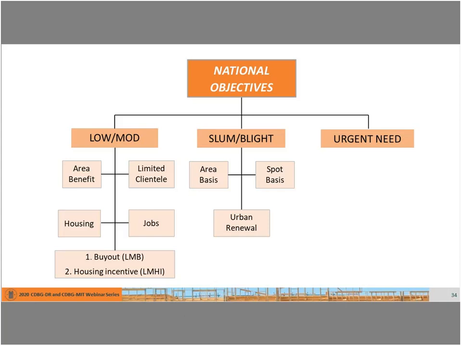You are not required to follow the LMI household once that buyout is completed. And that property then becomes permanent green space, and there are other requirements attached to that going forward for the grantee.